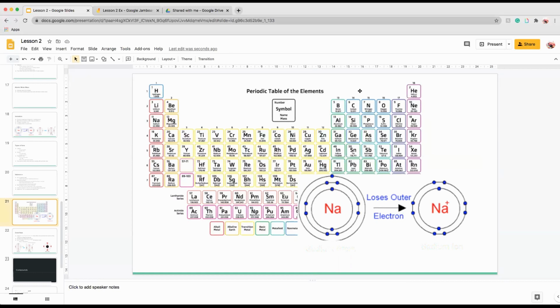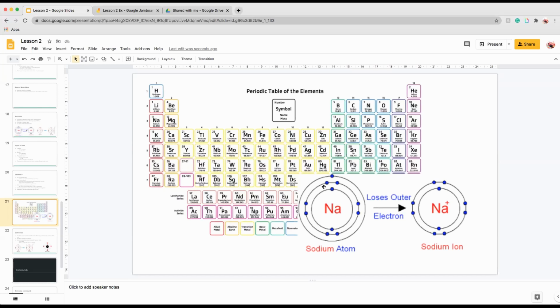You see here in period 1, there are only 2 elements. Looking at period 2, there are 1, 2, 3, 4, 5, 6, 7, 8 elements.